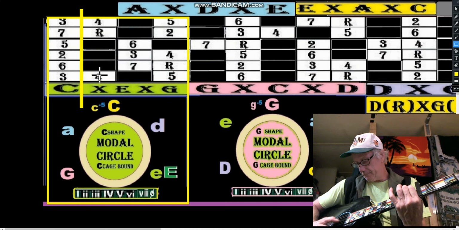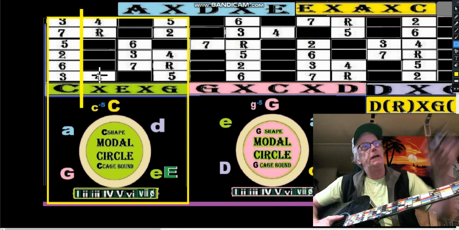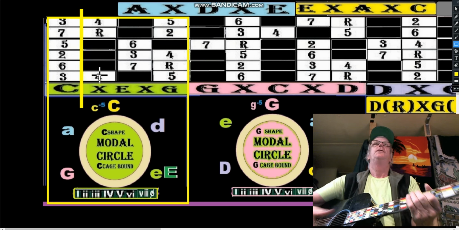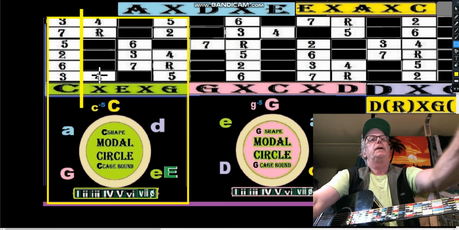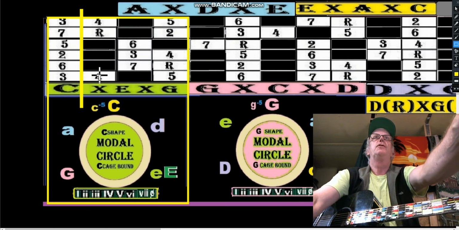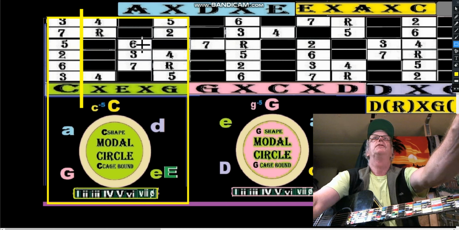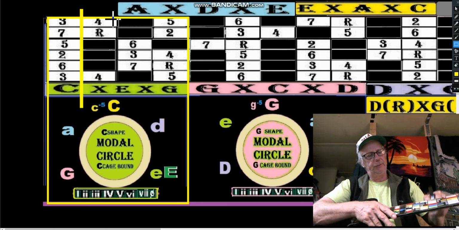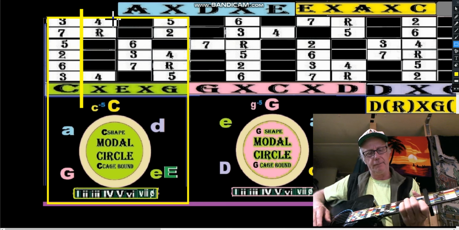Right there, that's 4-6-2, a first inversion D minor. And we also have down here a 4-6-2 first inversion D minor. And we have a second inversion, 6-2-4.